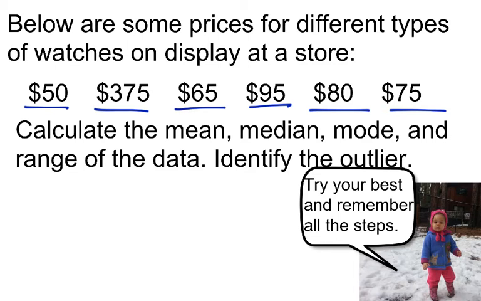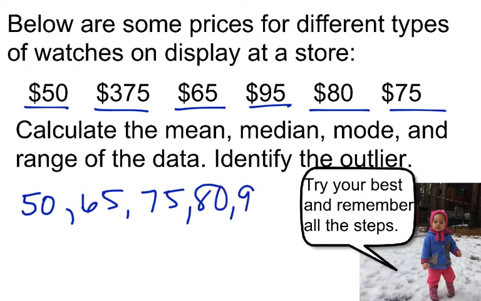So here we have our lowest number. I'm going to first reorder these. We have 50. Then we have 65, 75, 80, 95, and 375. So I'll first start with the mean.